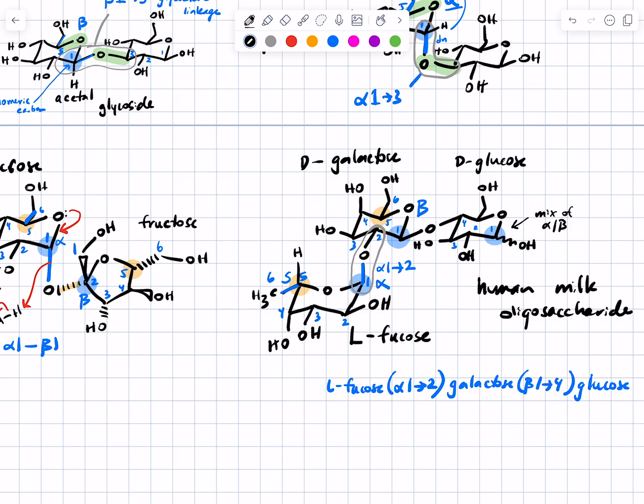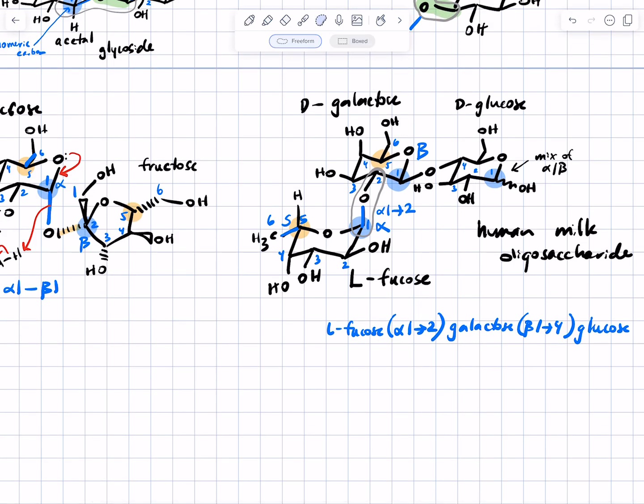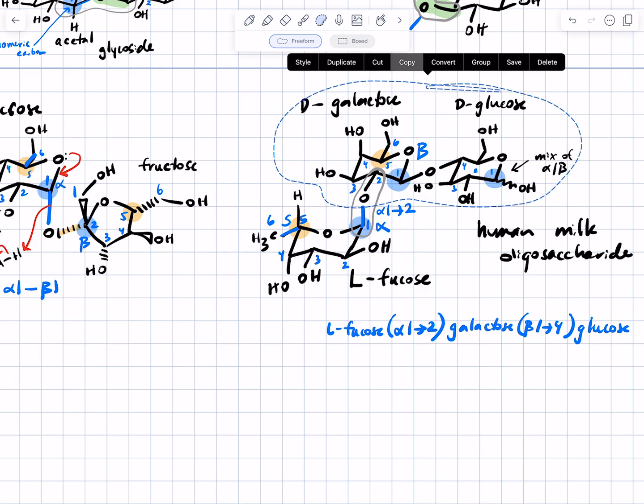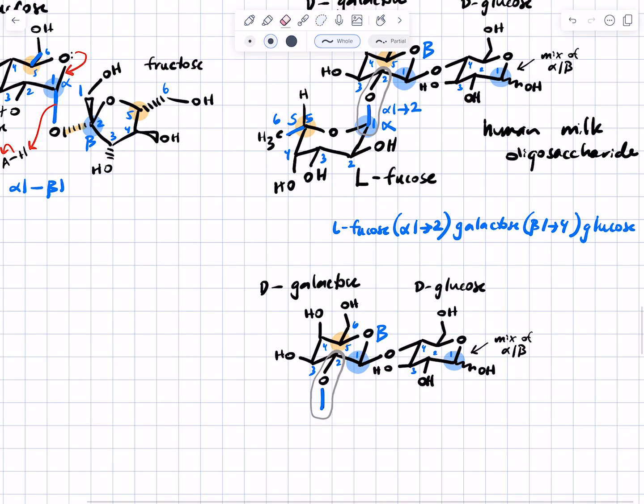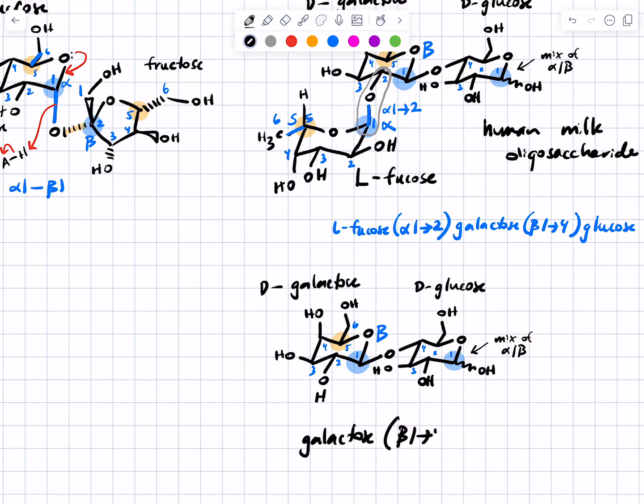This allows us now to talk about something called lactose intolerance. Before I do that, these two carbohydrates, if we get rid of the fucose and just have the D-galactose and D-glucose linked together via a beta 1,4 linkage, that disaccharide is called lactose.